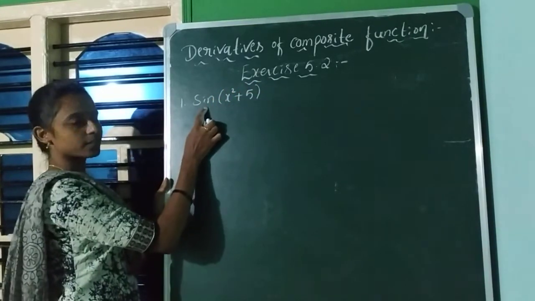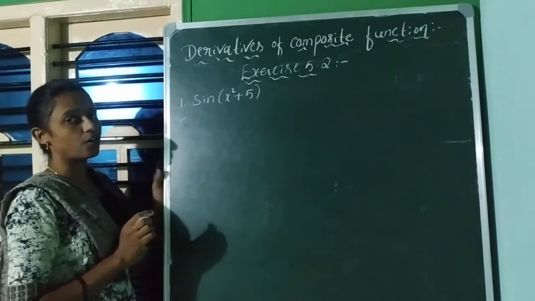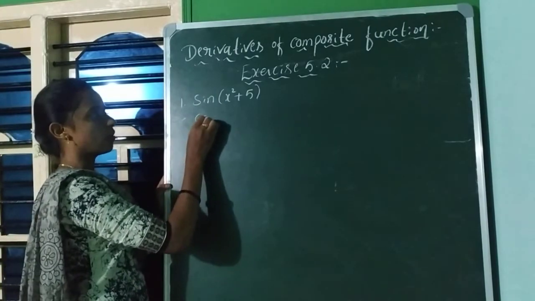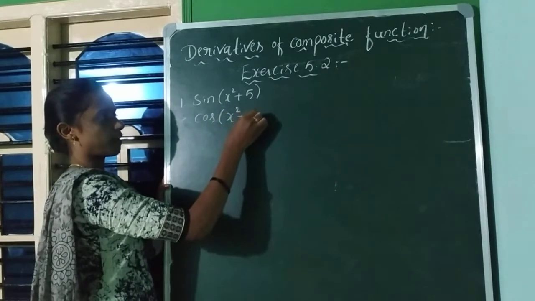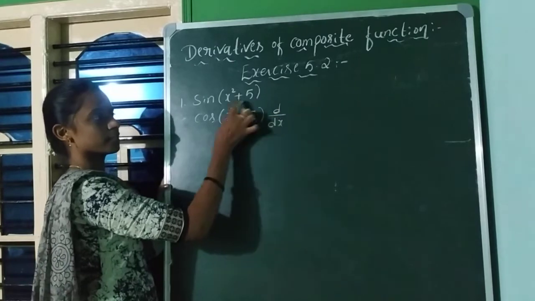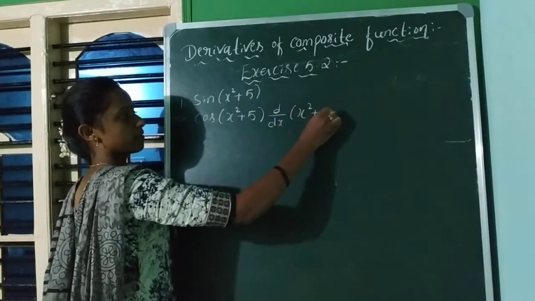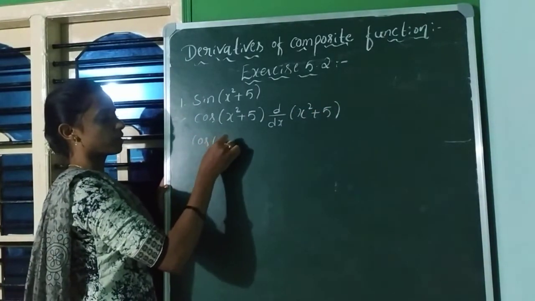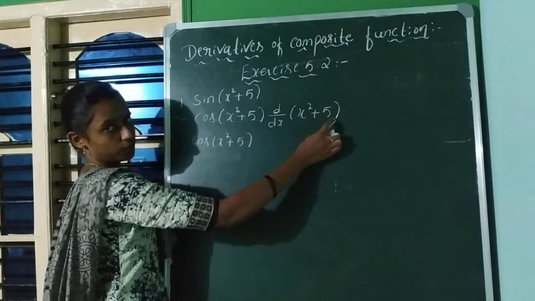This is trigonometric and this is algebraic, right? So now I'll just go with the alternate, which is nothing but the direct method. The derivative of sine is cos. So the inner function is x squared plus 5. Now what you do is differentiate this within a bracket function. It's nothing but x squared plus 5. Okay. Now the cos of x squared plus 5. Now this is a sum of two terms.